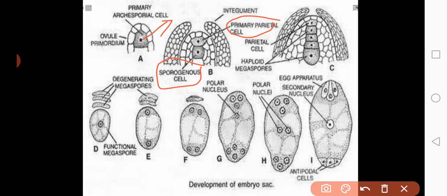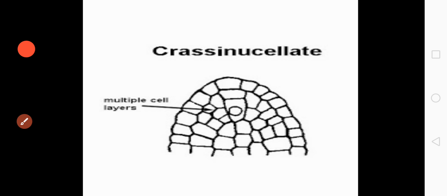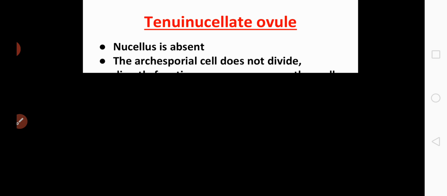The primary parietal cell again divides to form parietal tissue or the nucellus, whereas the primary sporogenous cell directly functions as the megaspore mother cell. Clear? Okay. This is the picture of a crassinucellate type of ovule.